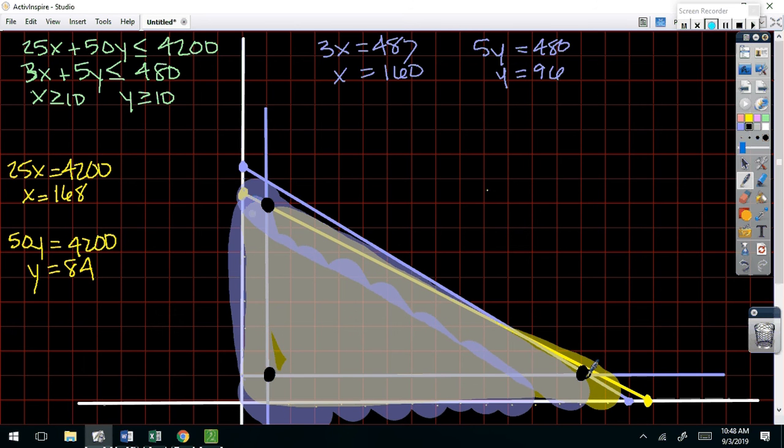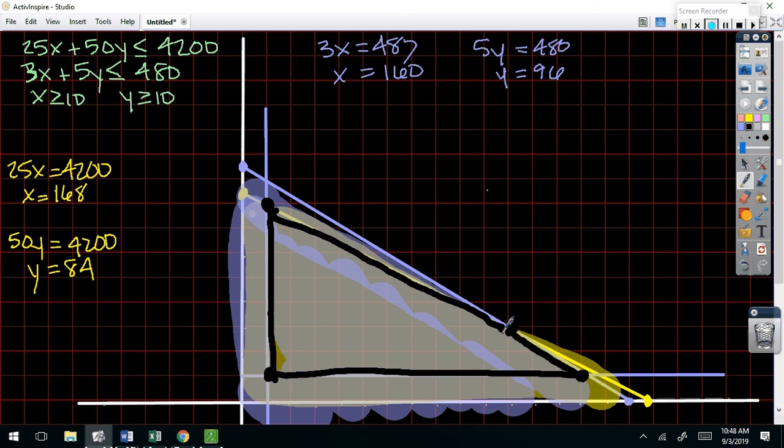Nope, they're not intersecting there. All right, this is kind of a crazy feasible region here, right? So is that a triangle or a quadrilateral? It's a quadrilateral, because these two lines are intersecting right here.